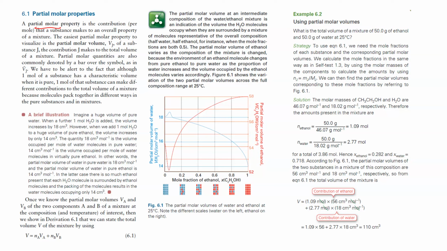We have to be alert to the fact that although 1 mole of substance has a characteristic volume when it is pure, 1 mole of that substance can make different contributions to the volume of a mixture, because molecules pack together in different ways in the pure substance than in mixtures. A good example of this: when I was learning analytical chemistry as an undergraduate, we mixed an alcohol component with an aqueous component, and we had measured, arbitrarily, 500 milliliters of each.